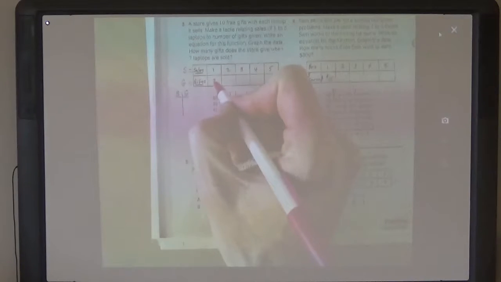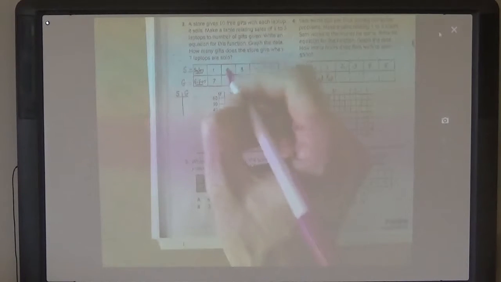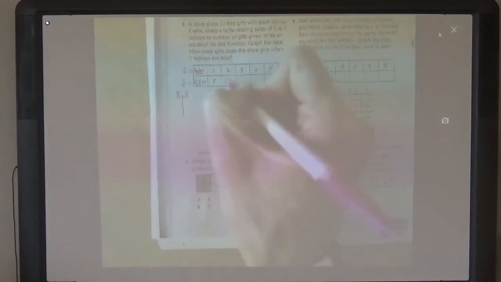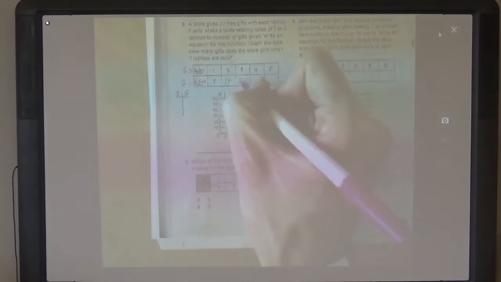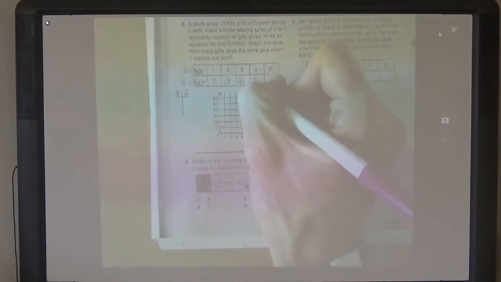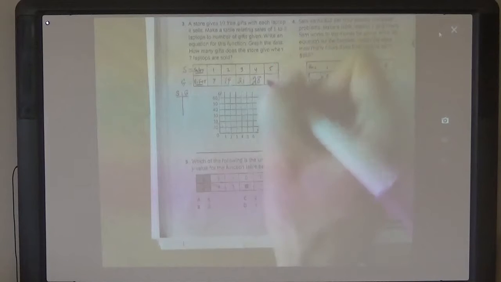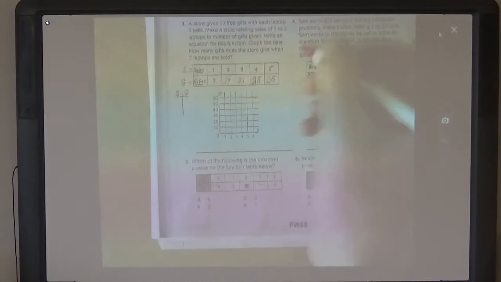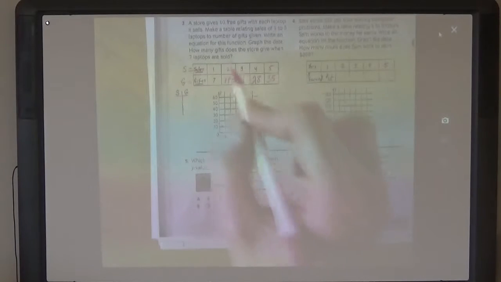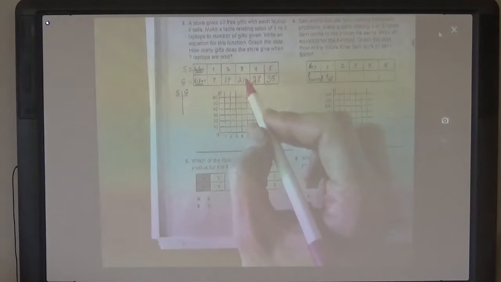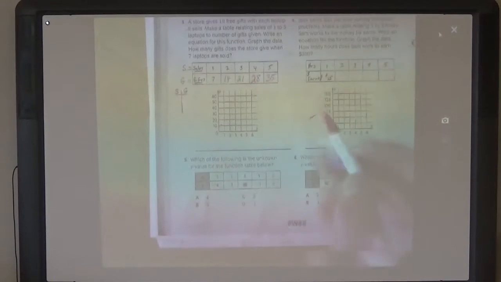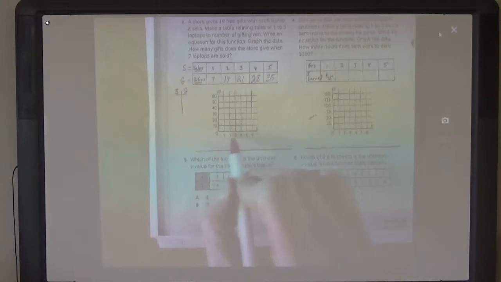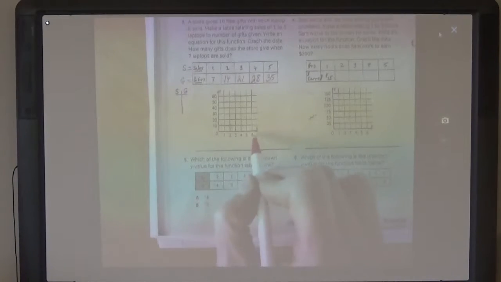When one laptop is sold, how many gifts are given out? 7. So 2 would give 14, 3, 4, 5, and now we can just use these numbers and plot those points on the graph. What do you think the bottom numbers represent?